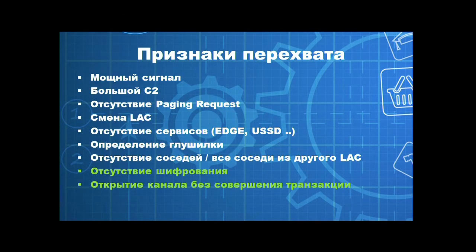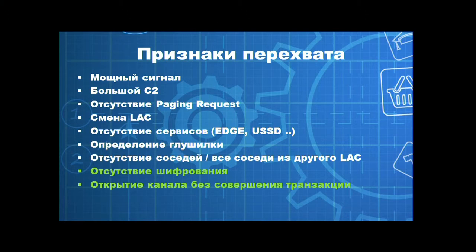How can we find such virtual base stations? There are some signs. We can look into the network, and they will be seen. And there's also the authentication algorithm, which is more complex, and there are some special features. What I described so far is a simplified model.